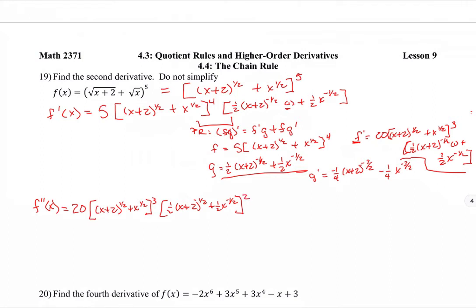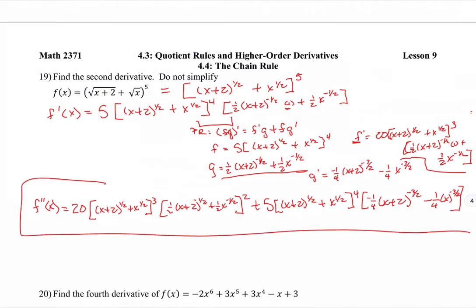Now times g, so that's f'g, that's done, plus f to the fourth times g'. There we go. And so this is what your answer is.